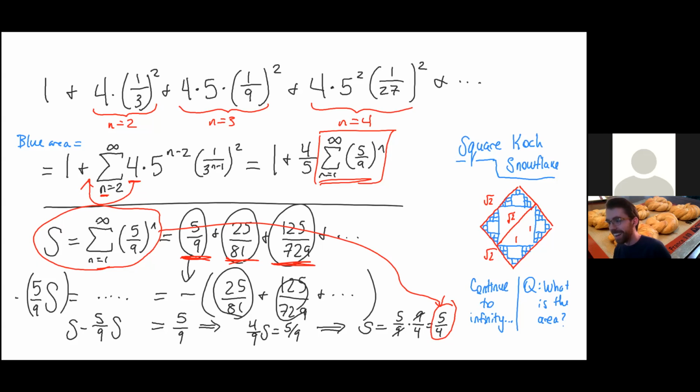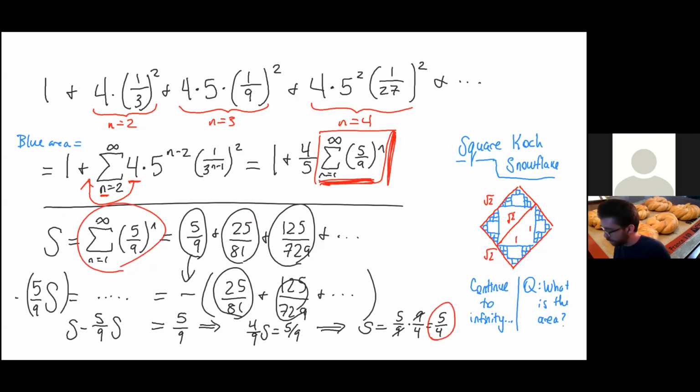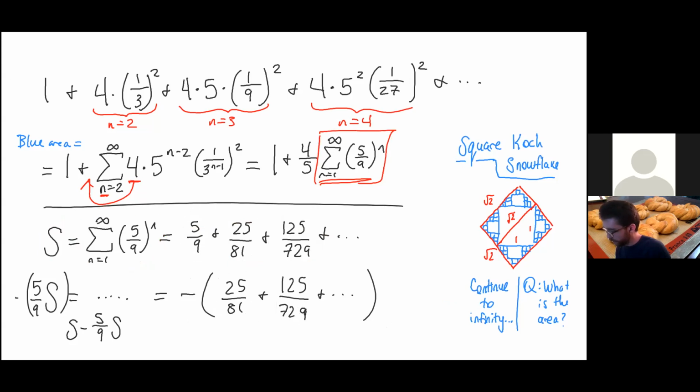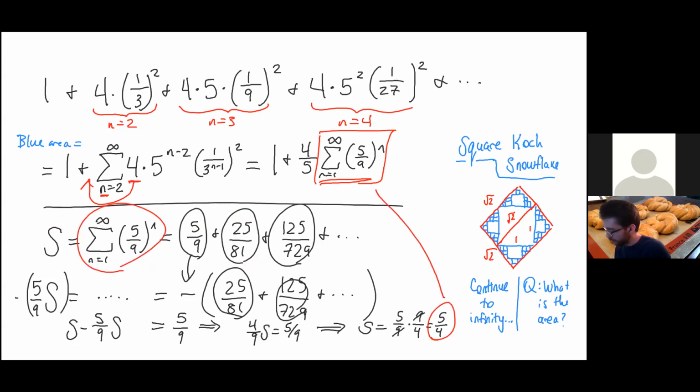And yet, I get an infinite sum that equals a finite number. Okay, that's absurd. But I know that since this equals this, and that was the thing I was trying to find here, I can just go ahead, plug 5/4 in there, see what happens.